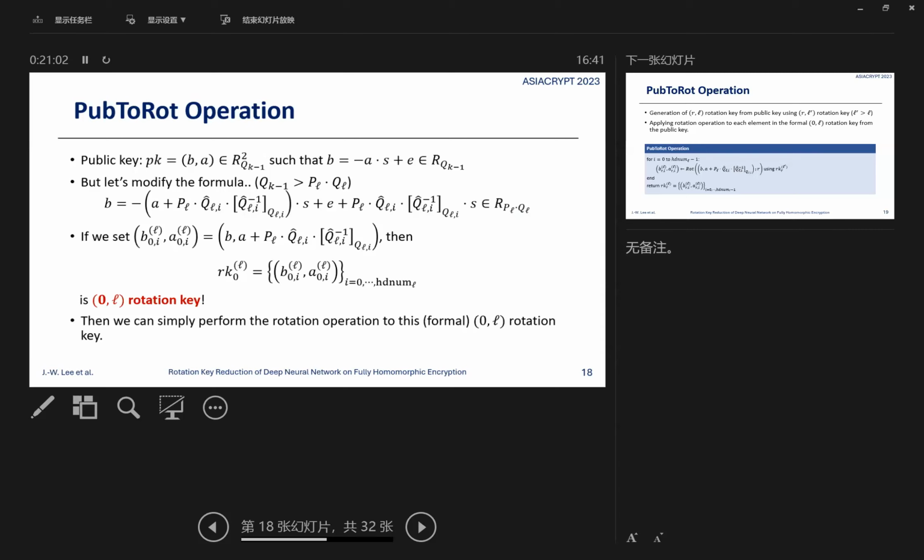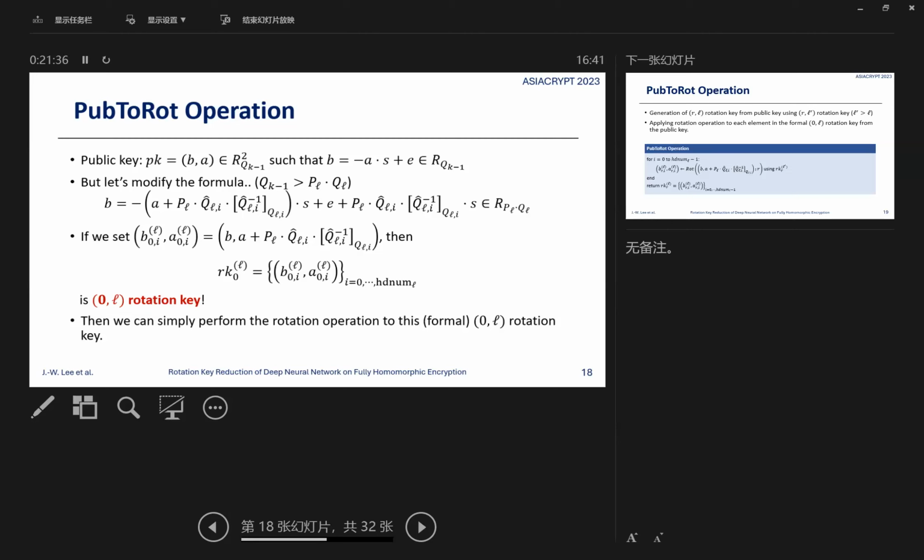The first line can be modified like this, with the P_L Q_L as a budget, so A plus the budget, and this budget, because there is the same S. So if we set this A plus the L-th budget to the element in the formal 0L rotation key, then this is the 0L rotation key.